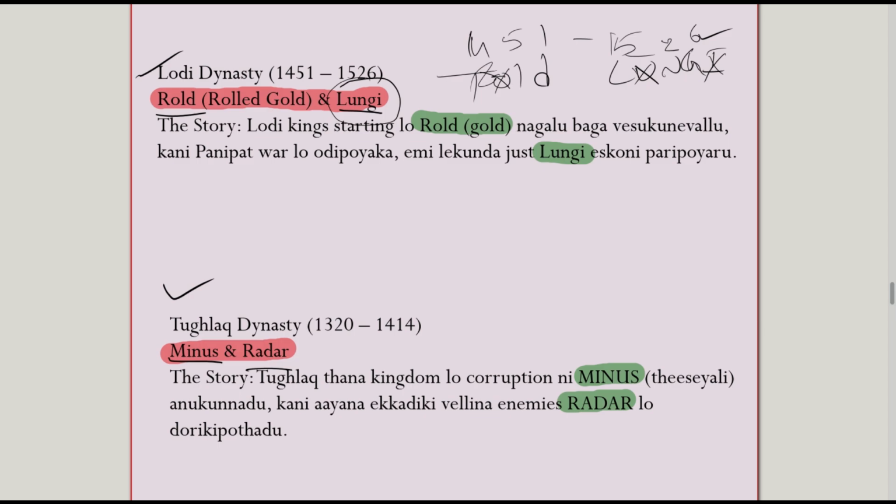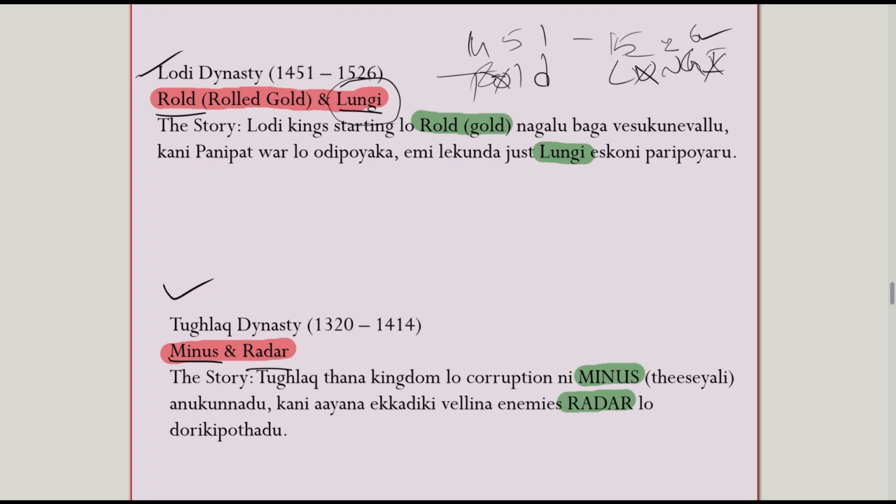Tughlaq, in order to abolish corruption, abolish in the sense of minus. Minus means remove, right? We use the minus symbol to remove or reduce. So Tughlaq, in order to minus the corruption in his kingdom, but the enemies always kept Tughlaq in their radar.